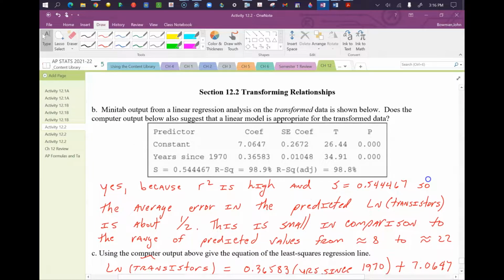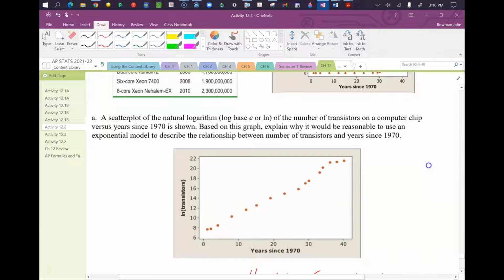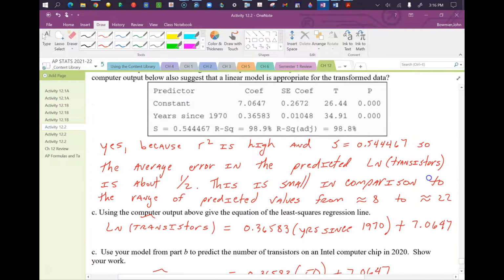And yes, because r squared is high, S is relatively small, so the average error in the predicted natural log of the transistors is about 0.5. This is small in comparison to the range of the predicted values from about 8 to 22 on the scatter plot with the natural log of the transistors.